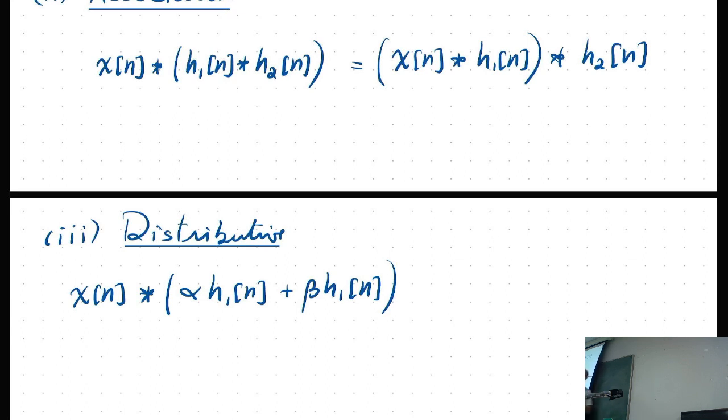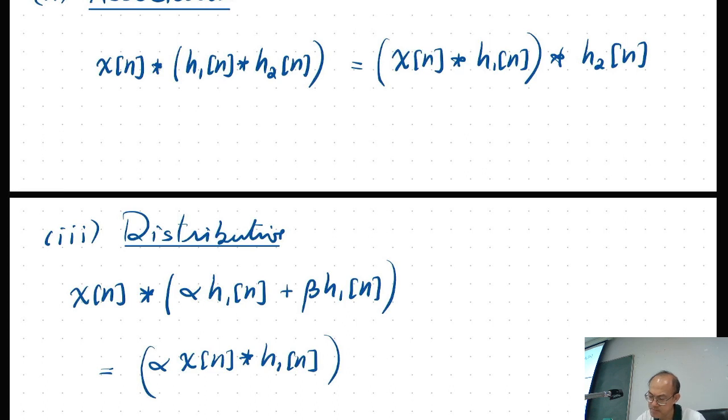So when you bring the star inside, you're gonna have alpha x[n] star h1[n] plus beta x[n] star h2[n].